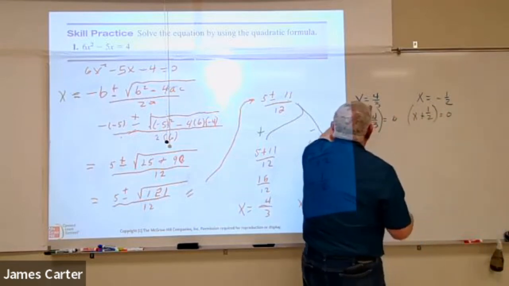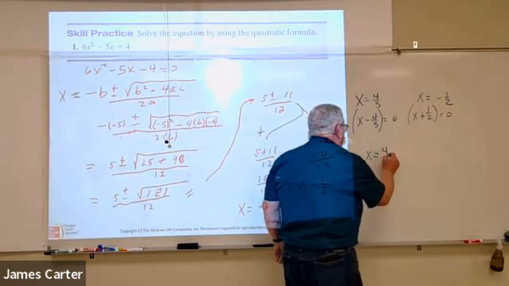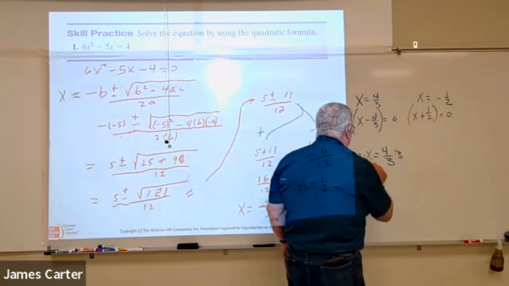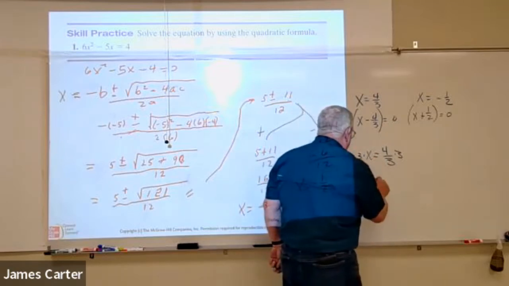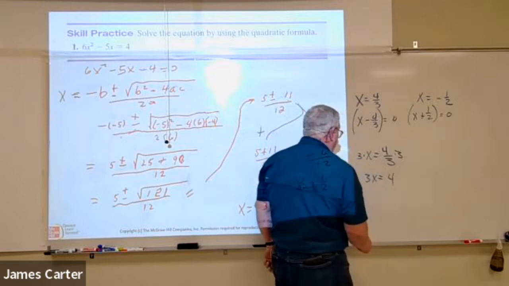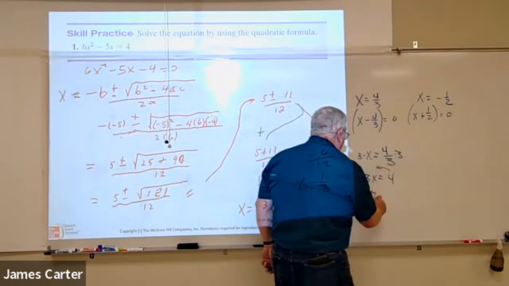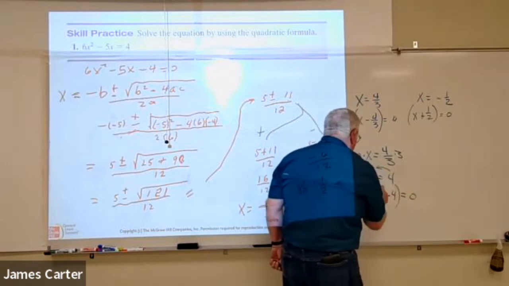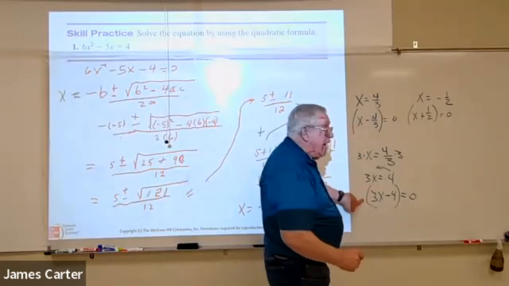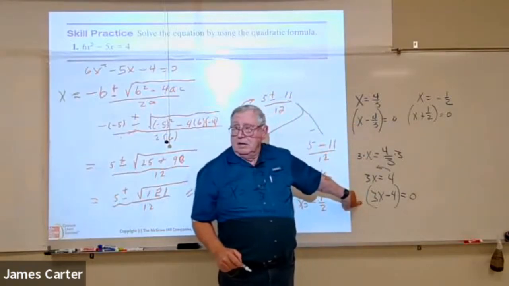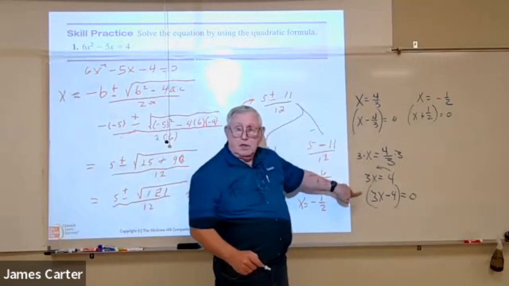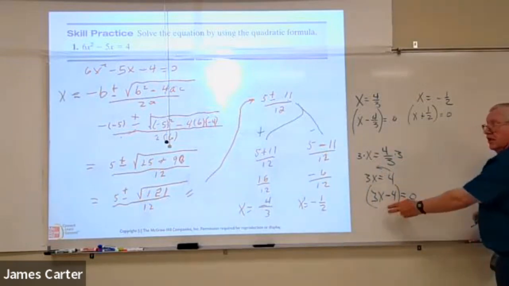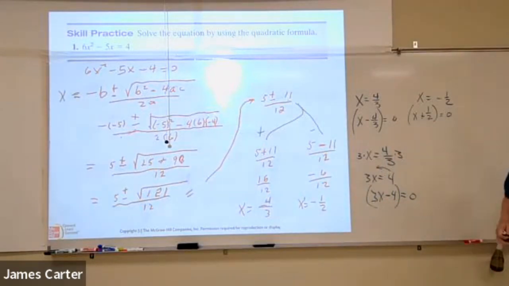If we take this, x equals 4/3, and we multiply both sides by 3, we would get 3x equals 4. Take that over, and we would get 3x minus 4 equals 0. This and that are the same value. Now, if you truly factored it, that's what you'd get when you do the cross product business.